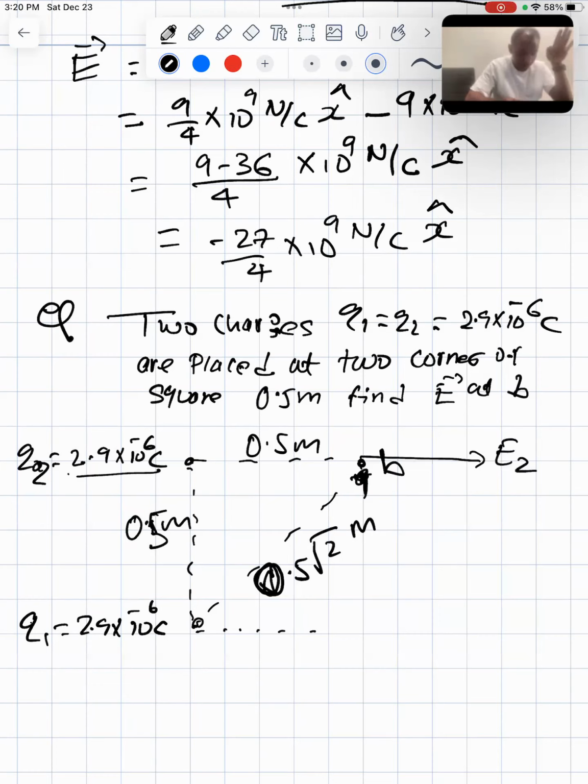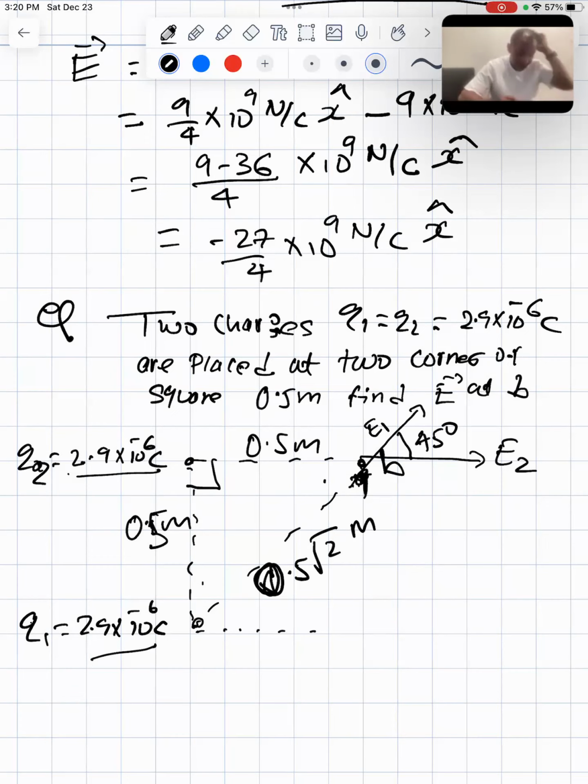So the electric field from Q2 is in the positive x-axis. But Q1 is also positive, so it's also going to push my positive test charge in this direction. So the electric field from Q1 is like this. And because of your geometry courses, this is 45 degrees because this is a square. So this is 45, this is 45, and this is 45.